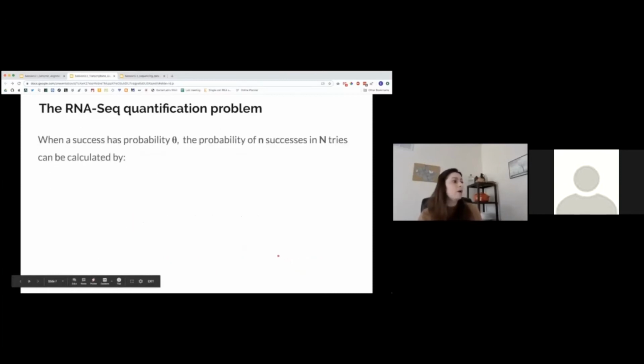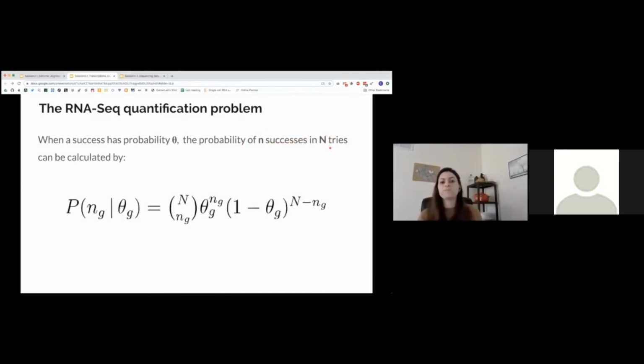All right, so when you simplify it like that, a success, which is the event that you got a read, has the probability theta, which is the relative abundance of the gene. So what is the probability of obtaining lowercase n successes in capital N tries, which is the total number of reads you got? This will follow the binomial distribution.